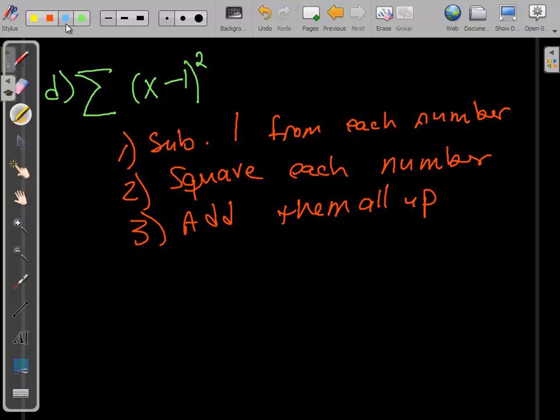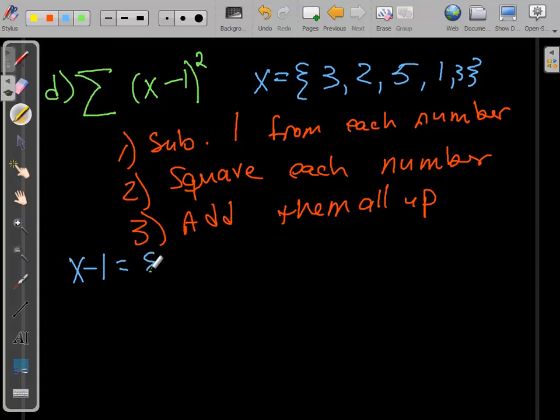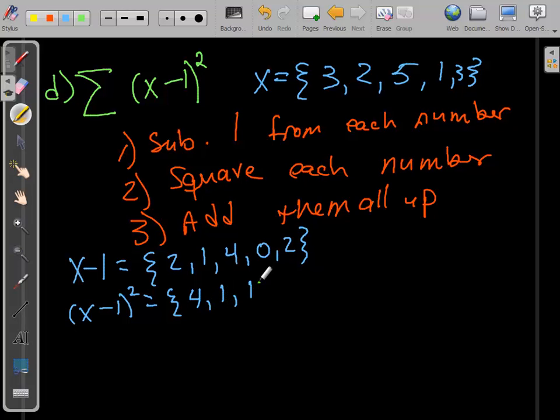So if our list originally, again, let me put x here, we have 3, 2, 5, 1, and 3. Then, in blue, x minus 1 would be now 2, 1, 4, 0, 2. Then we look at the list squared. This would be 4, 1, 16, 0, 4, each item squared.